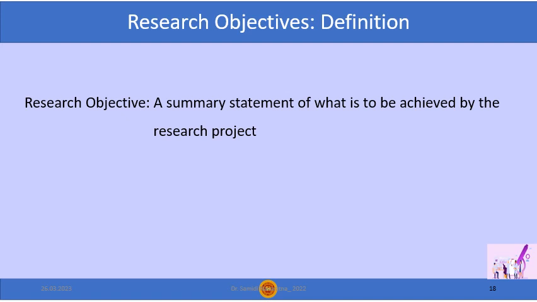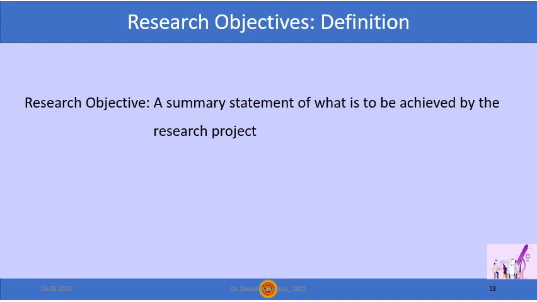So I think by now you have a clear idea about what a research question is, and you know how to translate a perceived clinical problem or a research problem into a clearly defined research question.